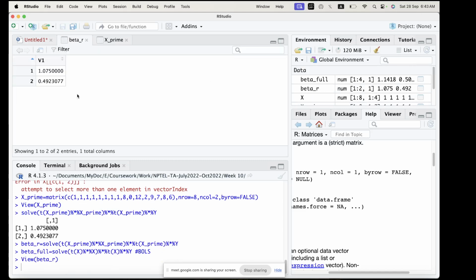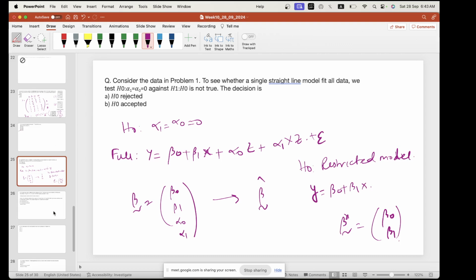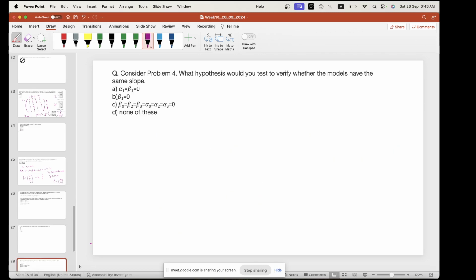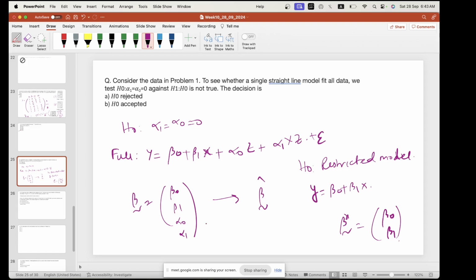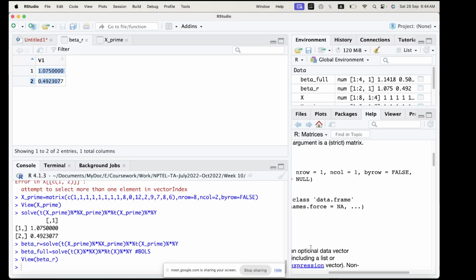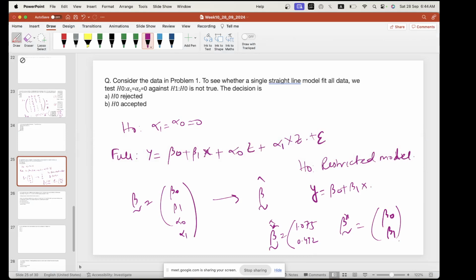So beta restricted is this much, 1.017 and 0.492. So here we have beta star hat as 1.075, and here 0.492. Okay. So this is beta star.